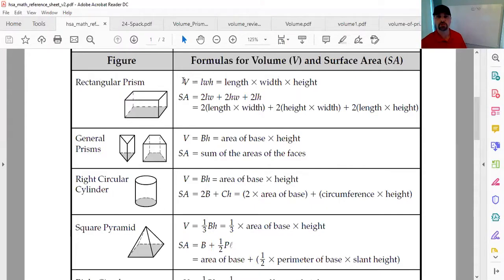To find the volume of a rectangular prism, it's LWH, length times width times height. If you remember, finding the area of a rectangle is just length times width. Now we're adding a third dimension of height since we're talking about volume. So length times width times height.